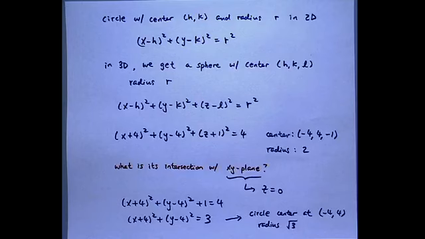Simply put, a vector is something that has a magnitude and a direction, as opposed to a scalar, which only has a magnitude.